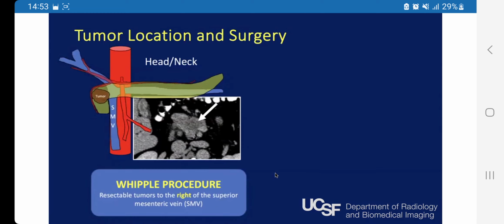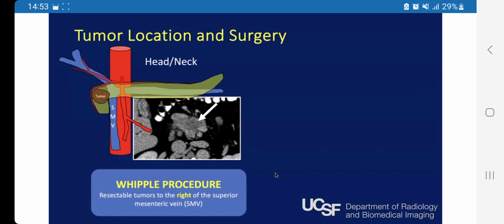For tumor location and surgery, it's really important to understand where the tumor is, because based on the location, surgical technique changes, and also based on the location and closeness to different structures, we determine the staging and resectability of the tumor.